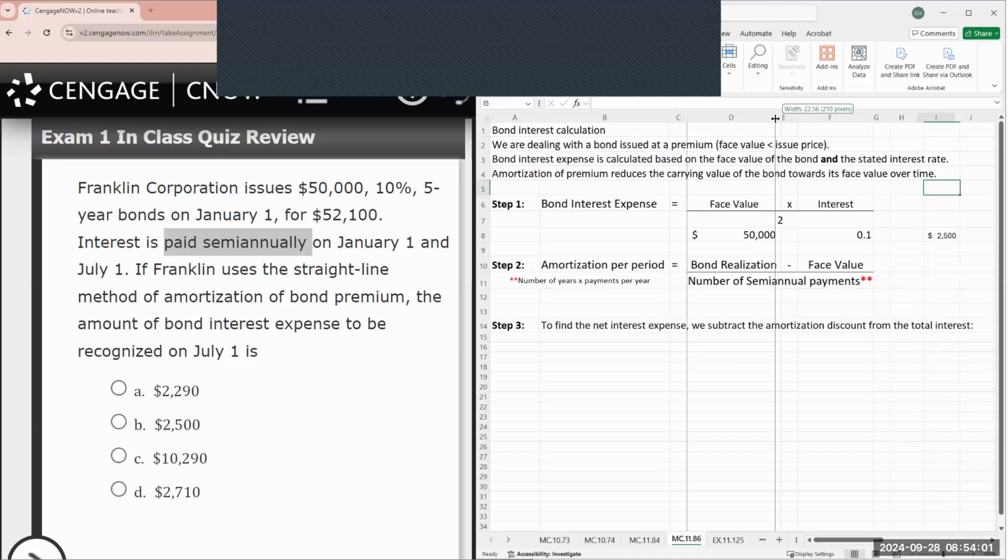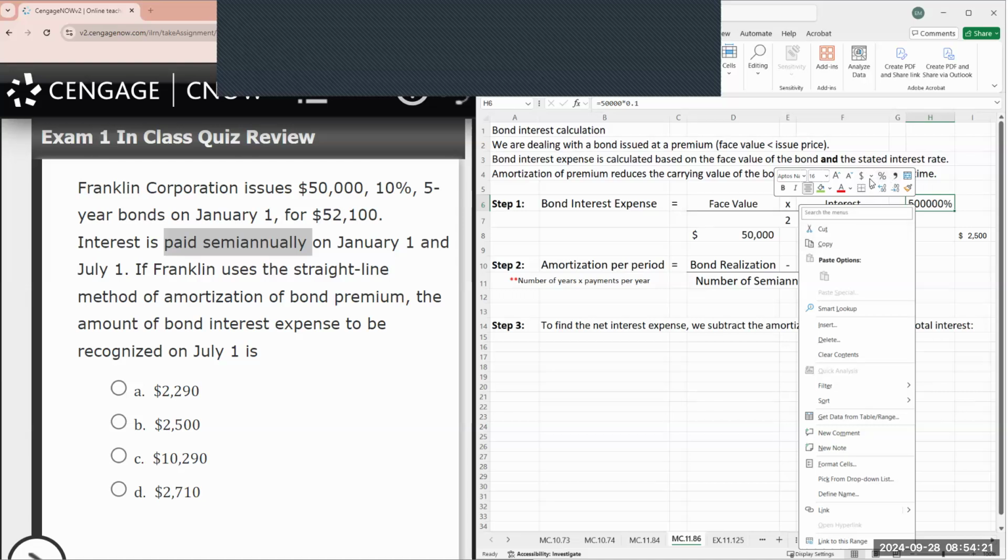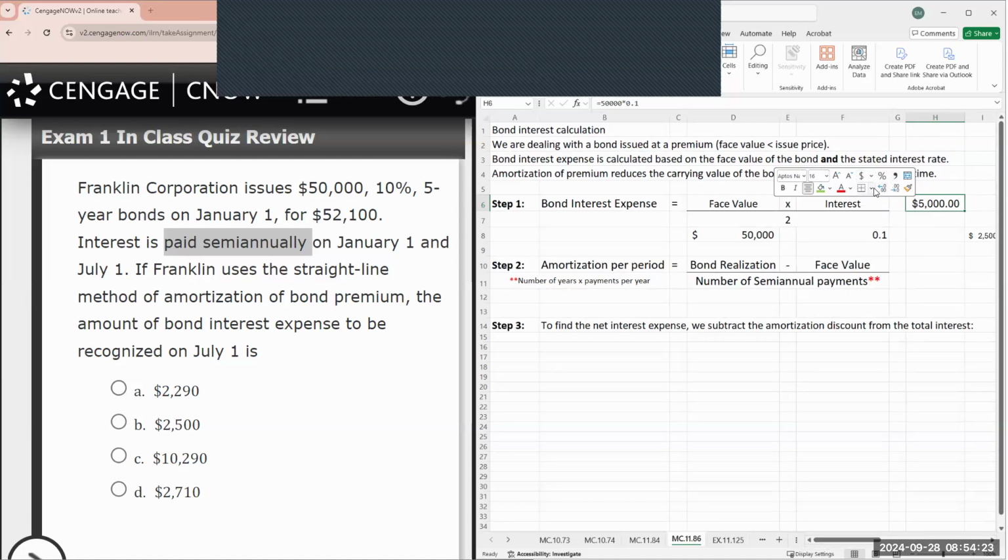All right. So again, how did we get this amount? We got this amount because we multiplied the face value by the interest rate. So 50,000 multiplied by 10%. And that essentially gives us the total interest that is going to be paid for the entire year.